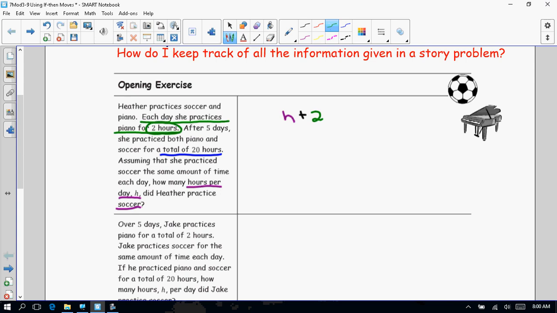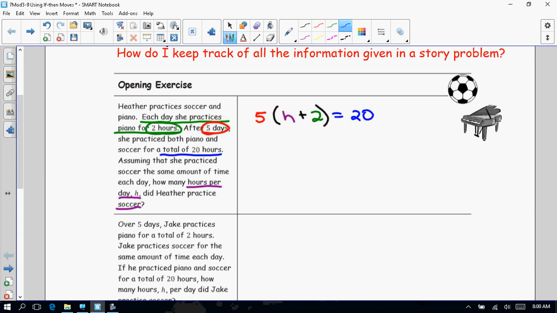And she does this for 5 days, for a grand total of 20 hours. See how I did all that? So she has the hours she practiced for soccer, that's the purple H, plus the 2 hours every day that she practices for piano. She does this every day for 5 days, there's the red 5, and it gives her a total of 20.